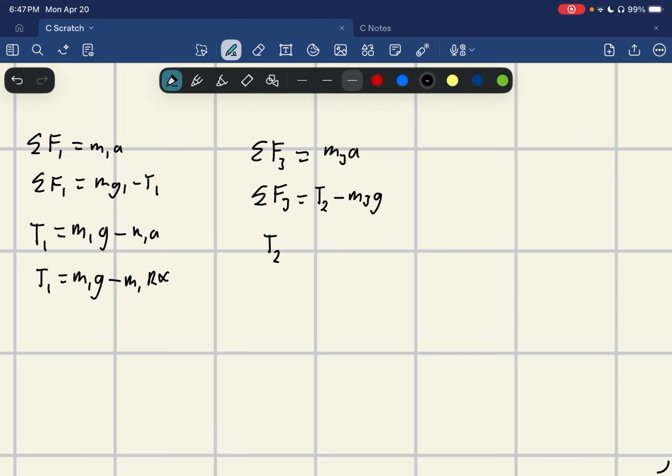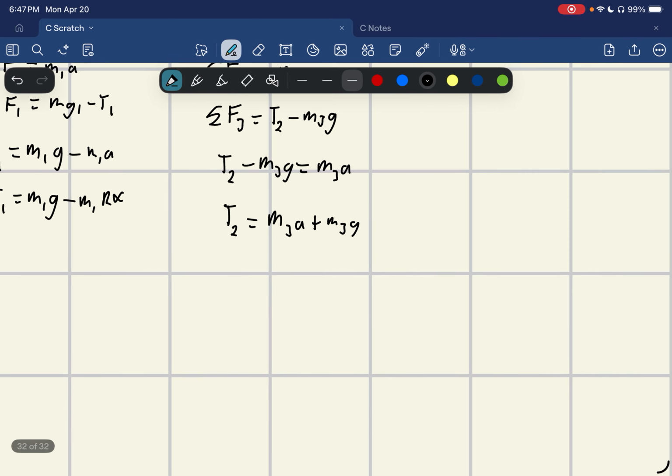So T2 minus M3G is equal to M3A. And then here I'll just isolate for T2. So T2 is equal to M3A plus M3G. And here I'll do the same thing as I did for block 1. I'll turn A into r alpha.